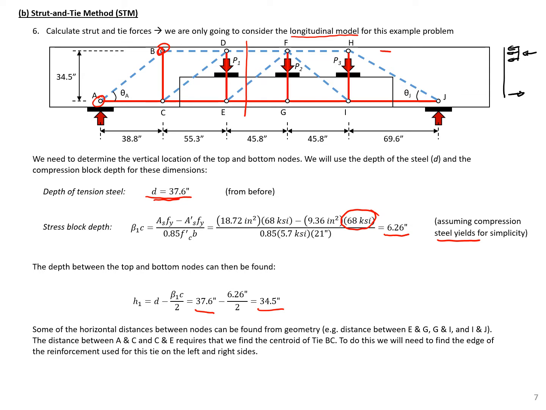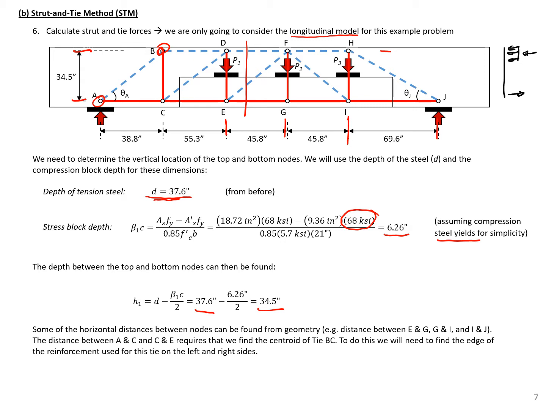So that's the distance between the bottom and top lines. The horizontal distances, many of them are already set from our loading and support points. So for instance, the distance between I and J is set by our load and support points. Again, between G and I, support points, E and G, support points, load points.